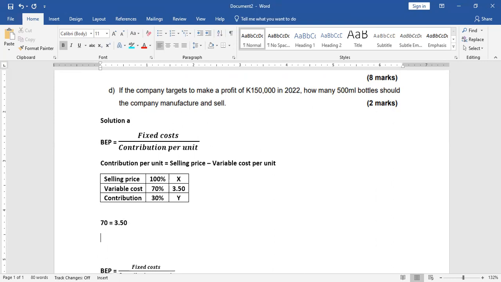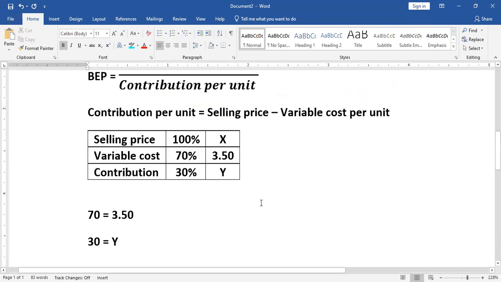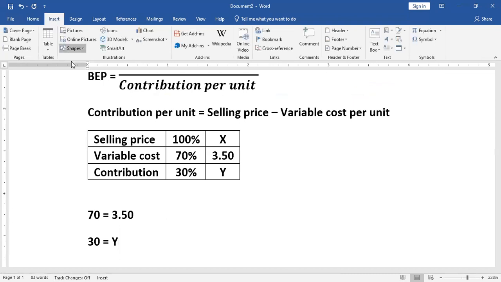So I'll pick the complete pair, which is 70 is equal to 3.5. And then what I'm looking for, my main interest is contribution, and contribution is the percentage of 30, but we just don't know the contribution itself. So it's indicated as Y. So in that manner, the best I can do is to cross multiply so that I can get what my Y is, and then from there we can proceed.